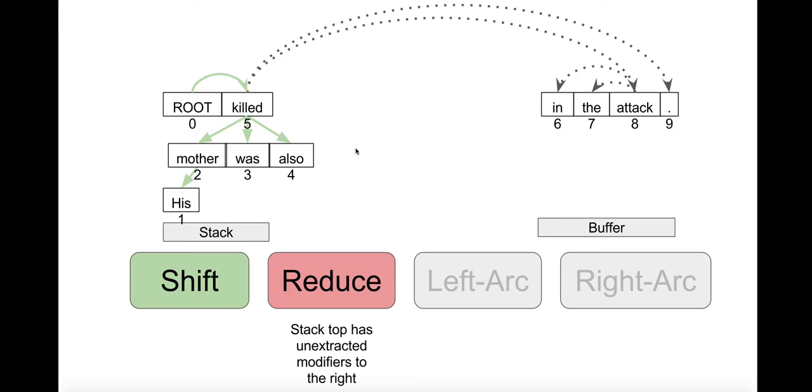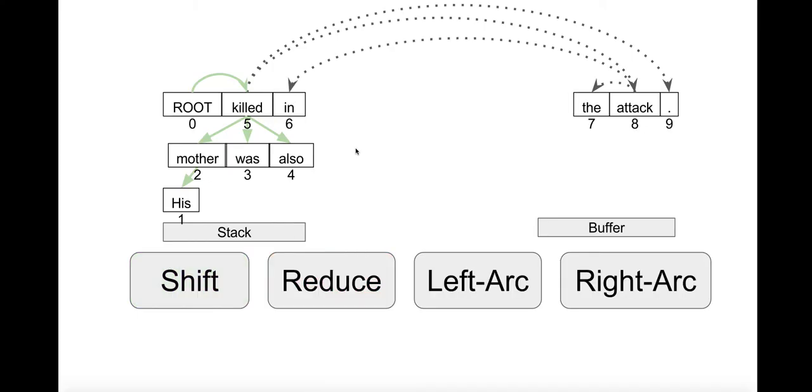Reduce is not possible because in this case, the stack top has unextracted modifiers to its right. So if we did reduce the token killed, then it would not be in the stack, and we would not get these labels for the right modifiers. So the only option remaining is to use the action shift.